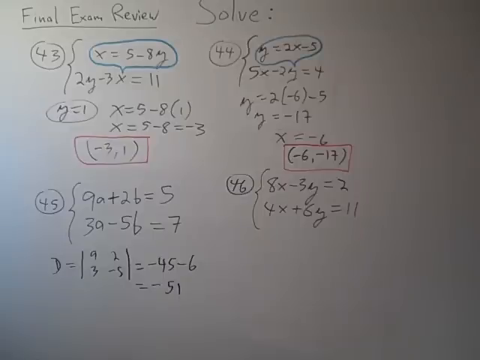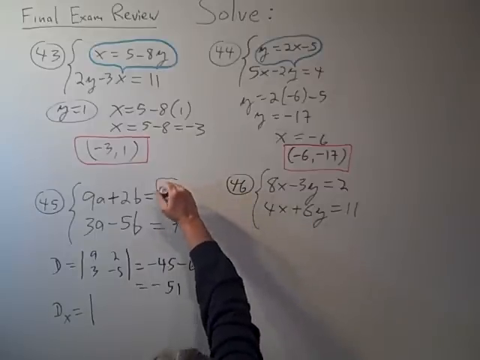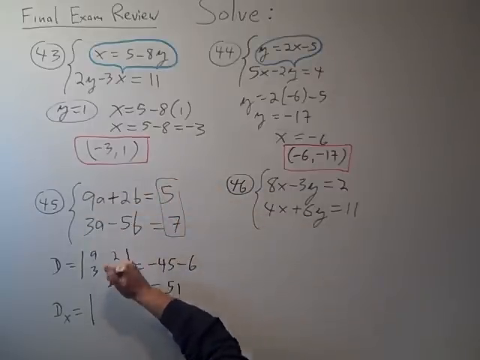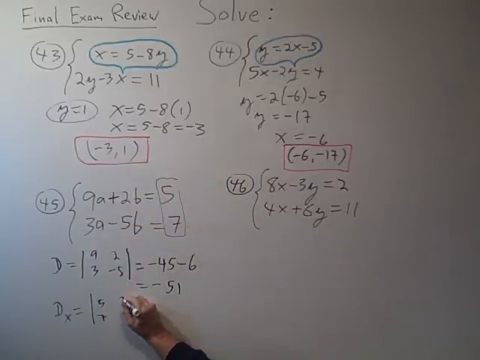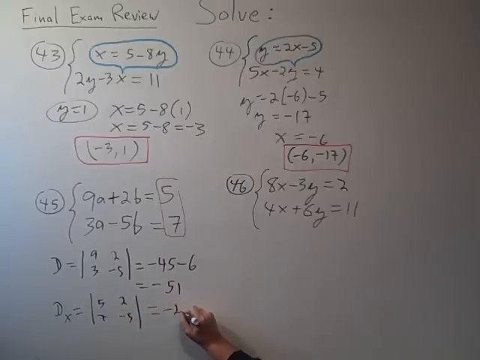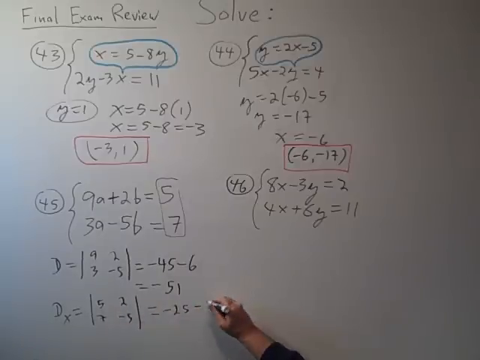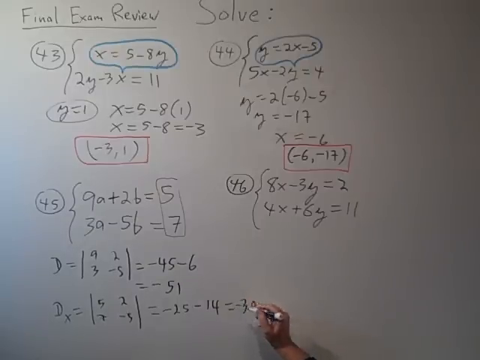So now we have to find D sub x. So you take the 5 and the 7 here and cover the first column, so that's 5, 7, 2, negative 5. 5 times negative 5 is negative 25, minus 7 times 2 is 14. So this adds up to negative 25 minus 14, which is negative 39.